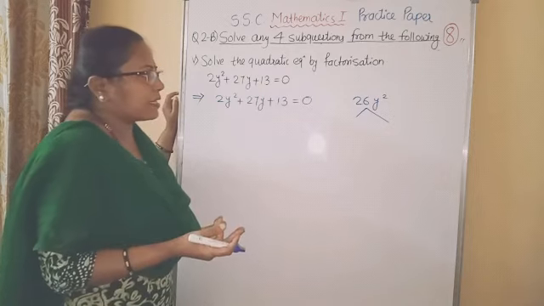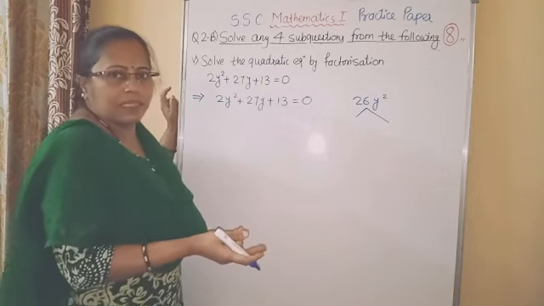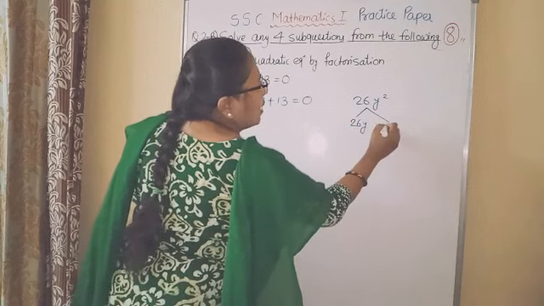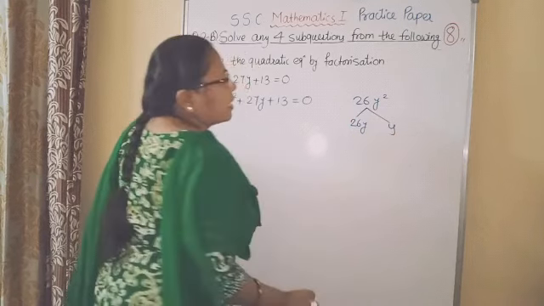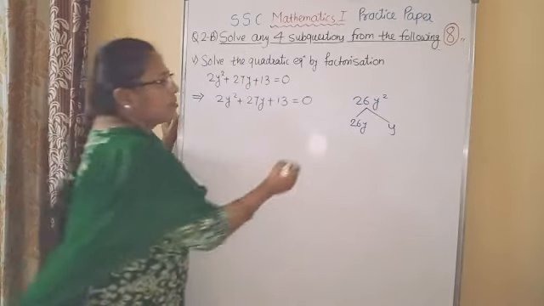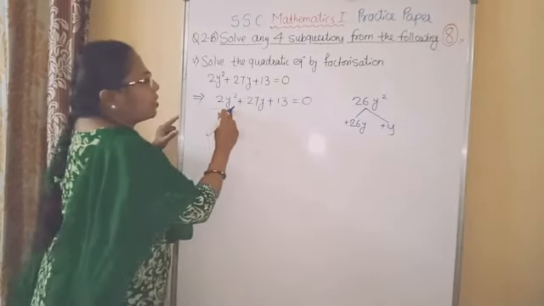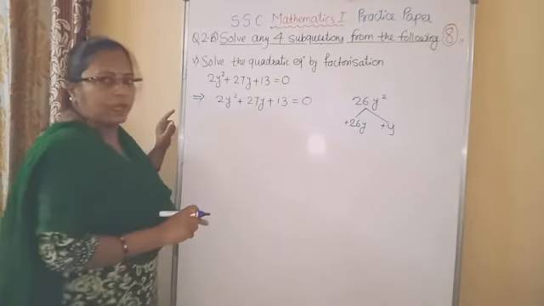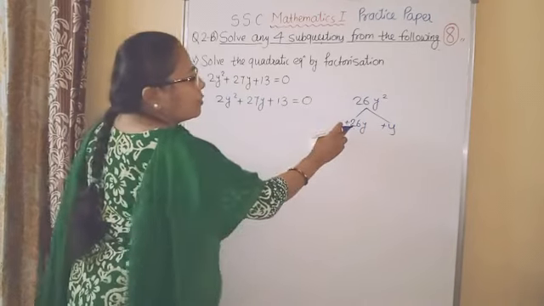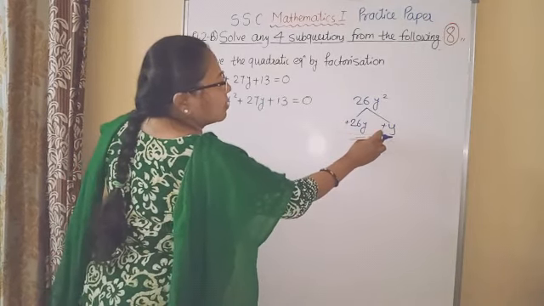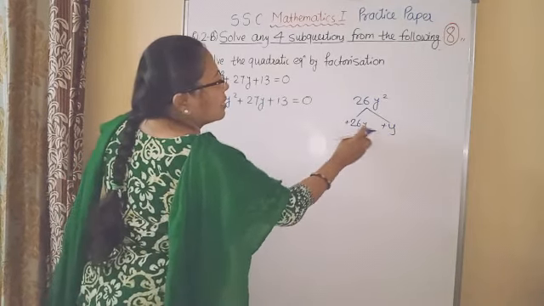By simple factorization, 26 ones are 26, so 26y and 1y. 1y we are not writing, so write only y. Both the factors have a plus sign because in the trinomial all terms have a positive sign. So our factors are plus 26y and plus y. 26 ones are 26 and 26 plus 1 is 27.